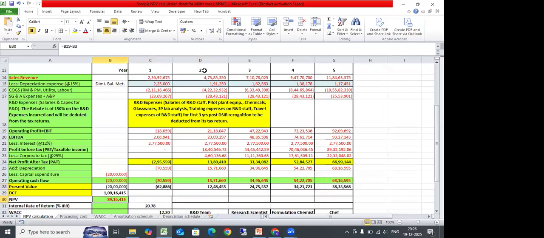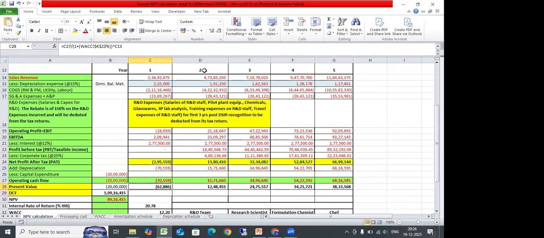Is this clear? The formula part is not an issue; I have already built the formula into the Excel. So what I have done here is add all the 5 years of discounted cash flow, and I am getting somewhere 1 crore 9 lakh 16,415.